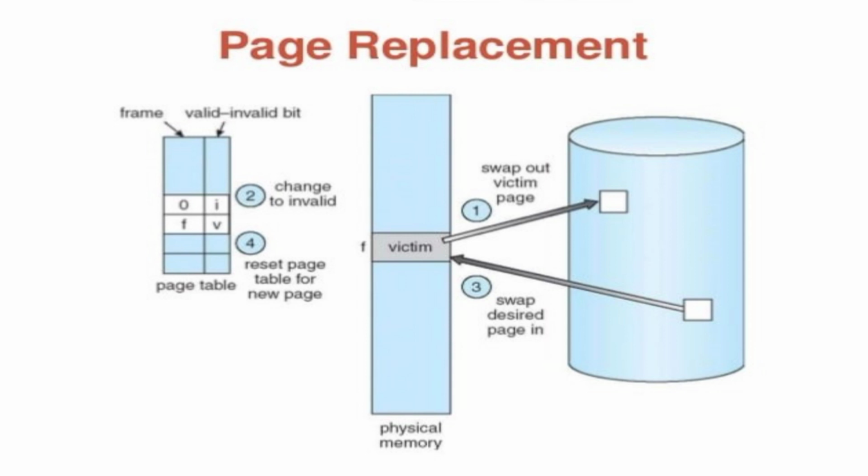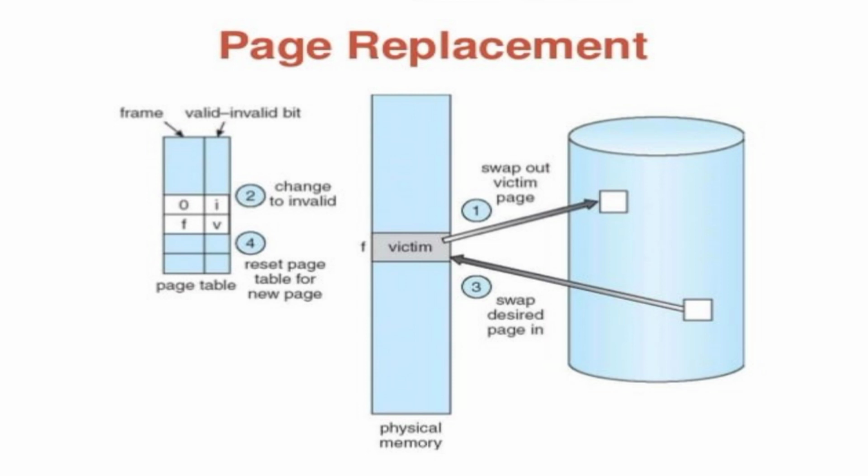FIFO page replacement means the first in, first out technique is used for page replacement. The optimal page replacement algorithm selects the page for replacement for which the time to next reference is the longest.